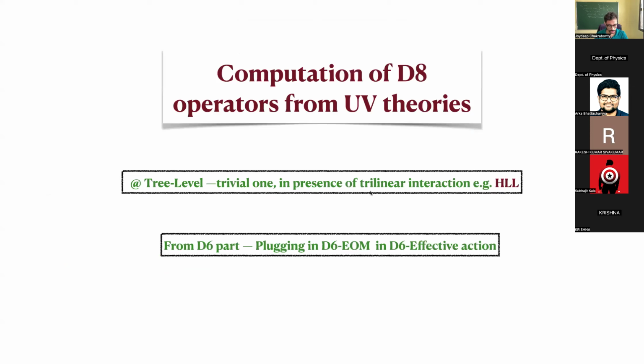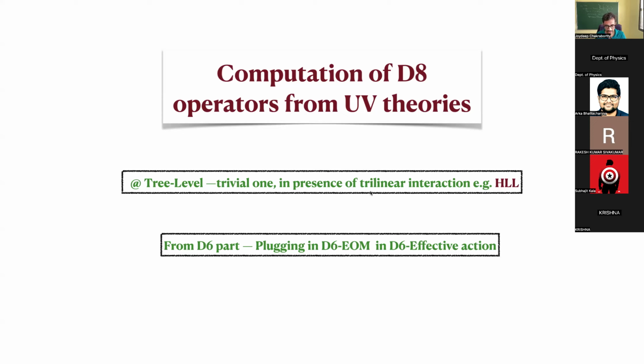So the first question we should ask is, if we have to go beyond dimension 6, then at tree level we know, because this is exactly similar to what we have learned from dimension 6, that you have the heavy field, you expand the propagator of the heavy interacting field, and there you find the classical solutions. You keep some more-order terms to calculate dimension 8, you plug back into the Lagrangian, and you get dimension 8 contributions.